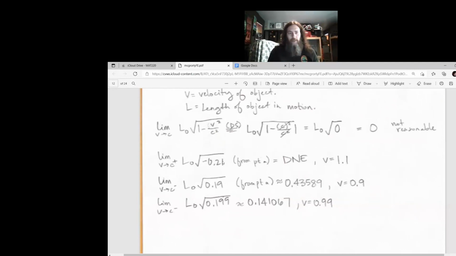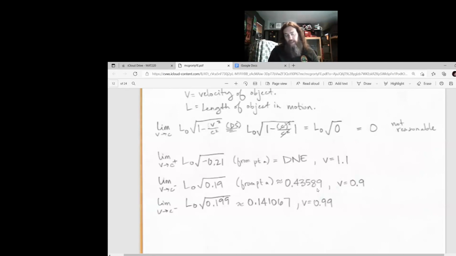I worked it out to where if v was any larger than c coming from the right side, then again from part A we get the same calculations. We get a negative number here, which is going to give us an imaginary number. As I'm saying here, if we let v equal beyond the speed of light, 1.1, we get that. If we let v equal just below the speed of light, 0.9 the speed of light, then we can actually get a real answer here.